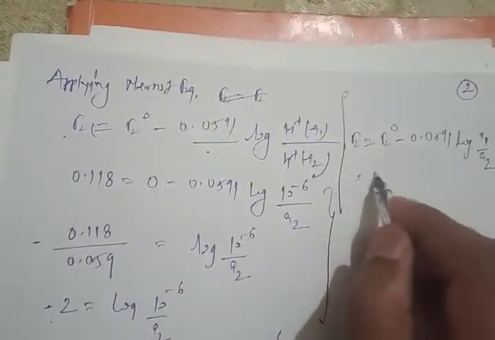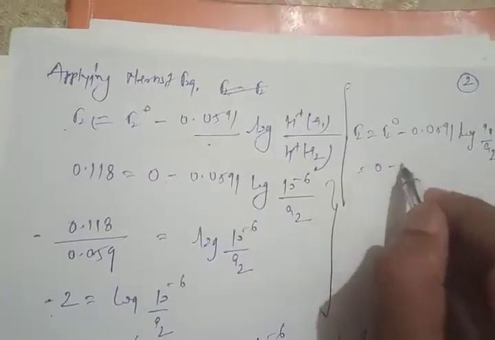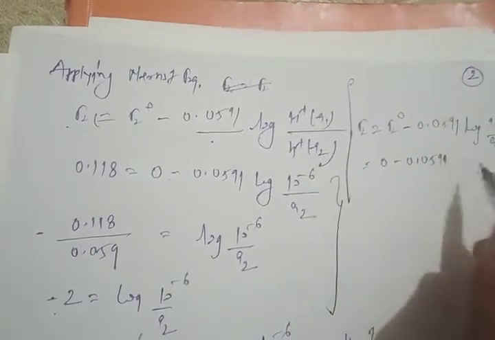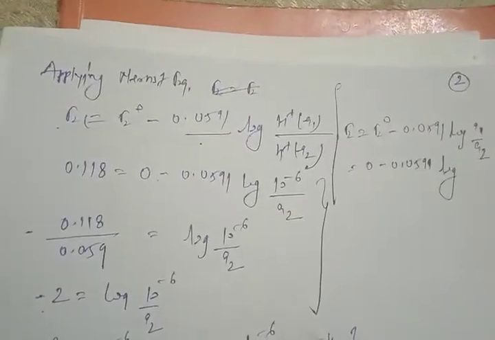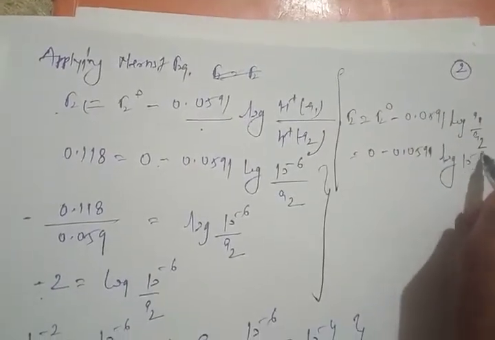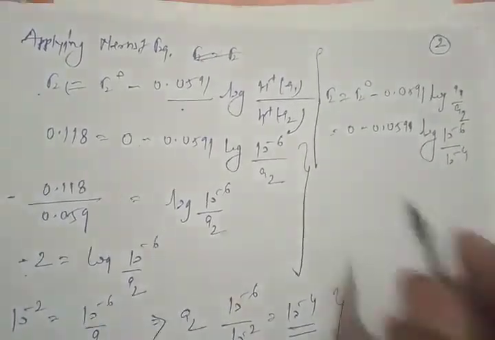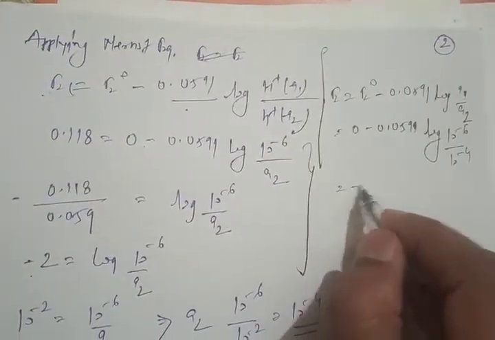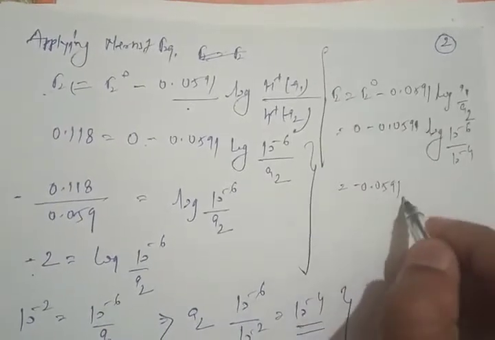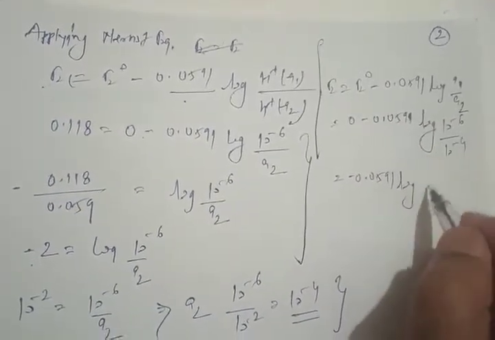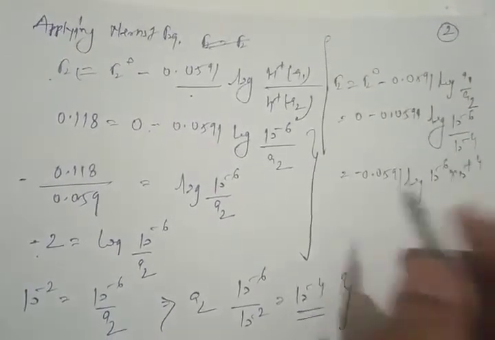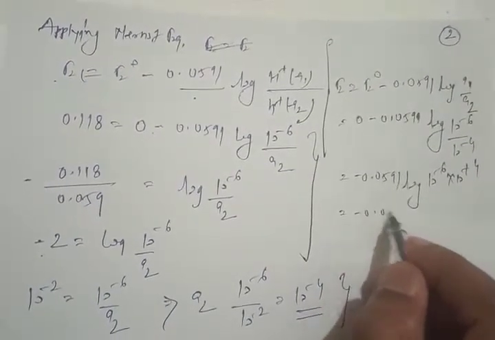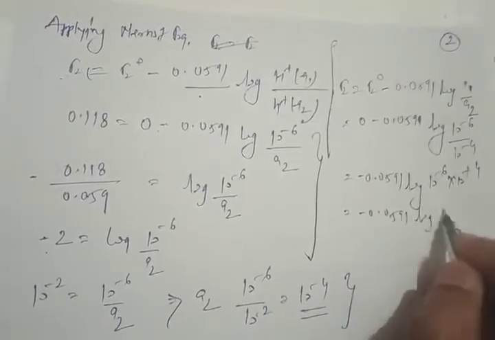So here the value is 0 minus 0.0591 log, A1 is what? A1 is the value which you know is 10 to the power minus 6, and A2 we have is 10 to the power minus 4. So this will give you negative 0.0591 log, this goes to the opposite side, 10 to the power plus 4, and this will give you 10 to the power minus 2, okay.